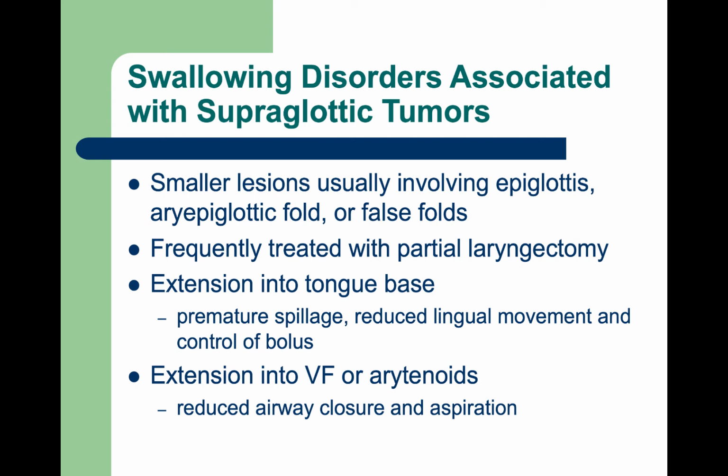Individuals with extended resections involving the arytenoids will require at least 2 months recovery time, and sometimes 6 to 12 months of rehab therapy before they're able to return to some type of oral intake. In some instances, with that extension into the vocal folds and or the arytenoids, the person may never be able to drink or eat without aspirating to varying degrees.